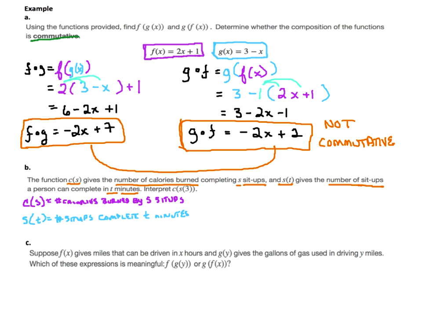And then we're asked to interpret, okay, well, if that's the case, what does it mean to write the composition C of S of 3?